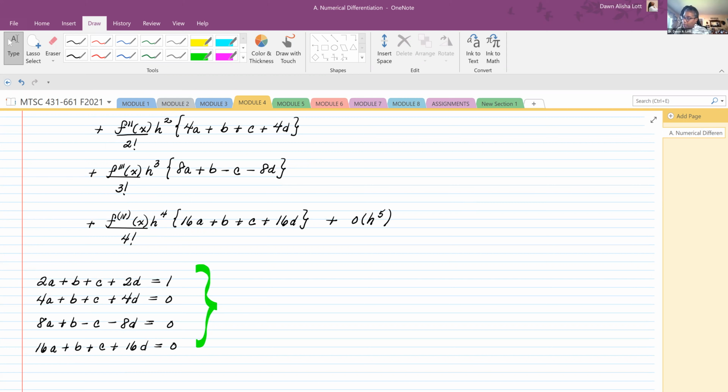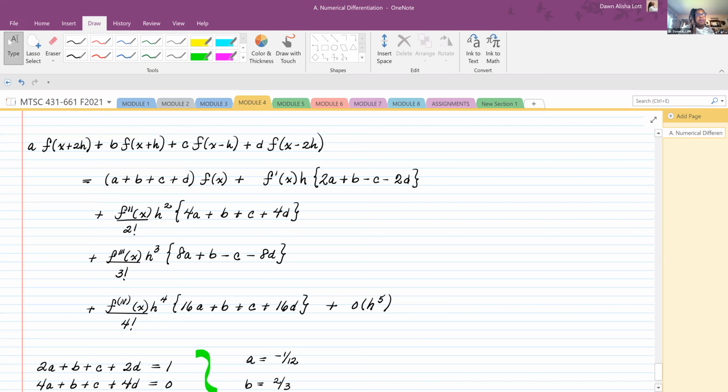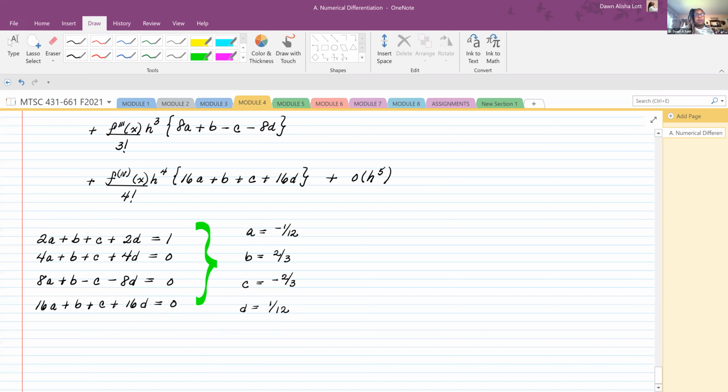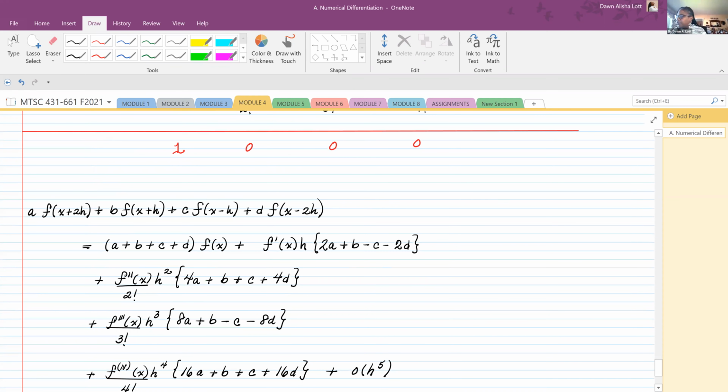Okay, so A turns out to be -1/12. B turns out to be 2/3. C turns out to be -2/3. And D turns out to be +1/12. Okay, so notice that where I have A plus B plus C plus D, that term adds to 0. So the thing in front of the f is going to be 0.